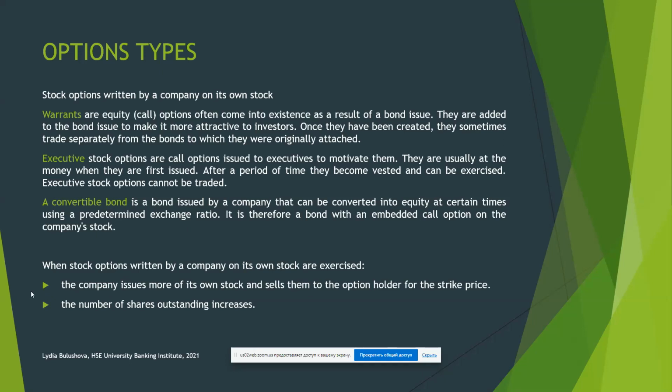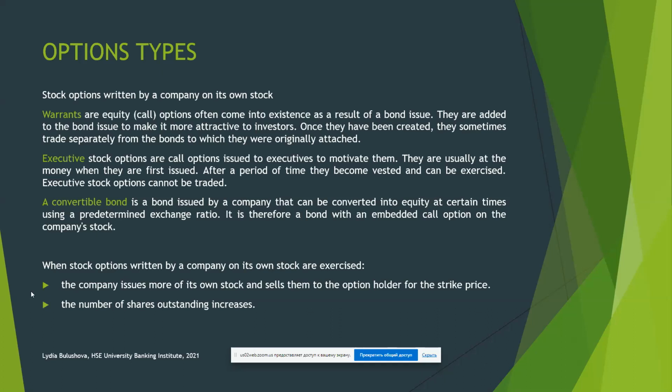These exotic equity options are mostly OTC options. So during these lectures, options are grouped by type. We have already discussed exchange traded options, and now there are other equity options that are not always exchange traded.